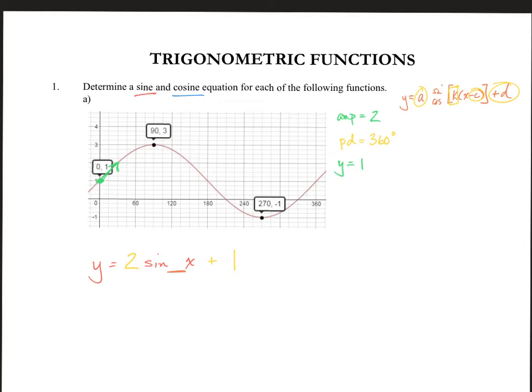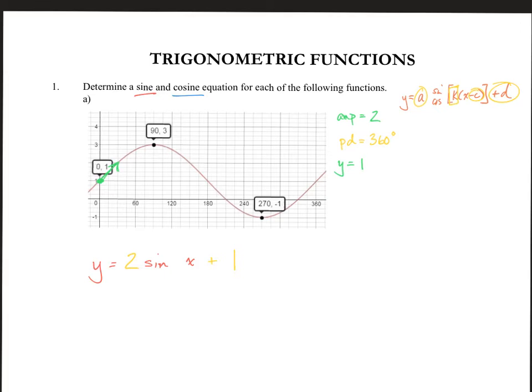Now, the only thing we're missing is our k value, so let's go back and consider that. Well, the first thing that I think we need to address is we can view this two different ways. The best picture scenario is that we relate the period of a normal sine curve to the period of the graph we've been given.